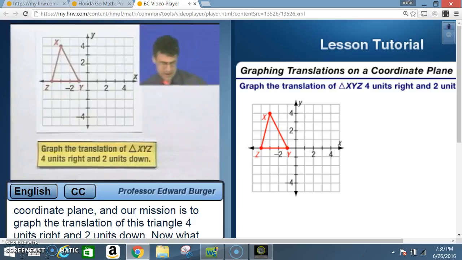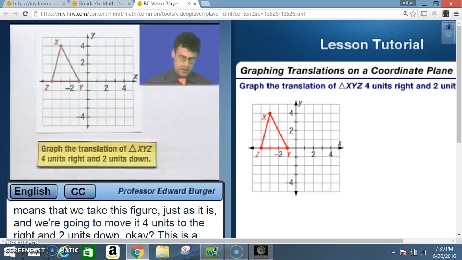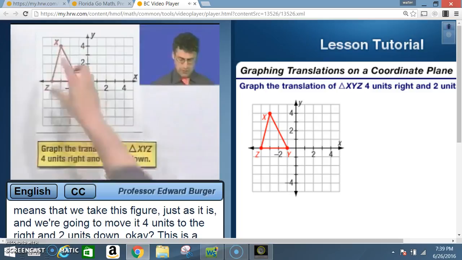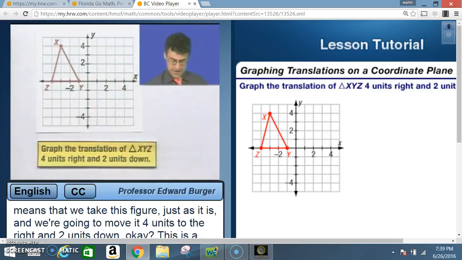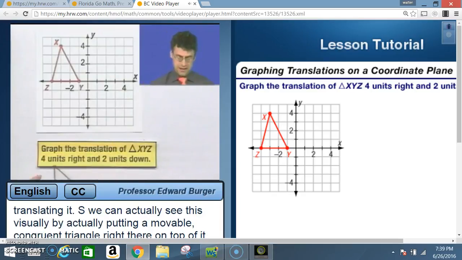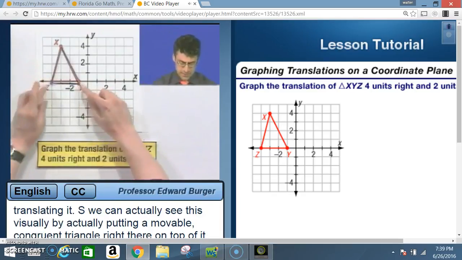Now, what does that mean? It means that we take this figure just as it is, and we're going to move it 4 units to the right and then 2 units down. This is a translation. We can see this visually by putting a movable congruent triangle on top of it.